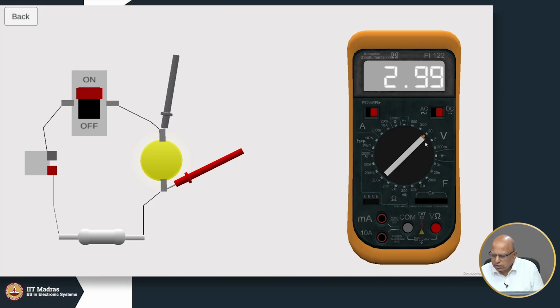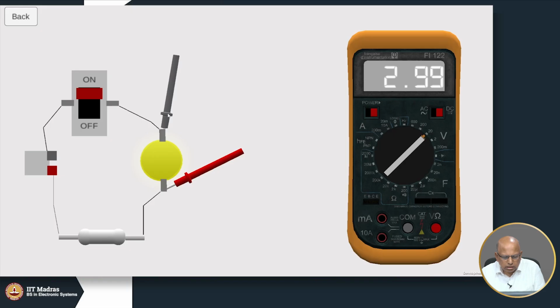When I set the voltage to the 20 volt range, that means the maximum voltage that I can measure is 20 volts. Then I can see that there is 3 volts across the LED.